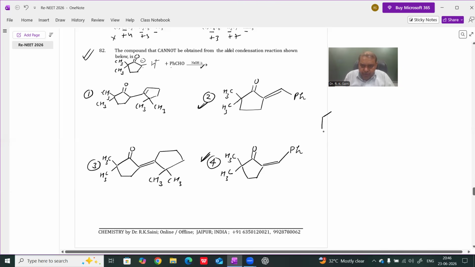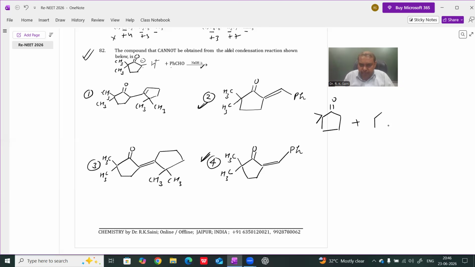One generates the nucleophile and another acts as a substrate. This molecule generates the nucleophile after removal of H plus ion, and this carbon attacks at this carbon, and hence the aldol product is of the following type.